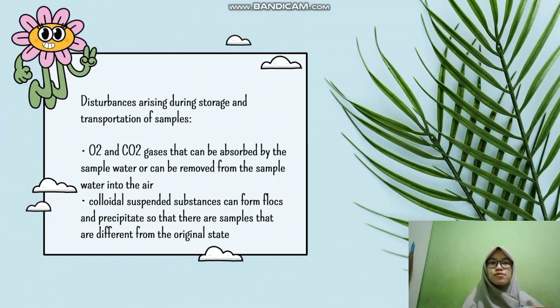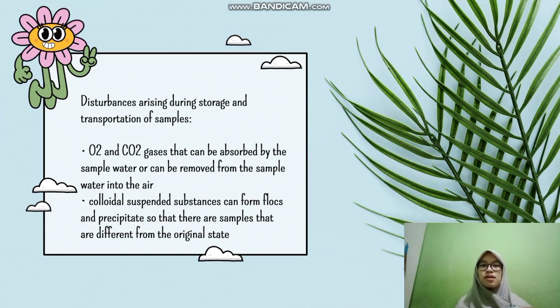Disturbances arising during storage and transportation of samples. 1. Oxygen and carbon oxide gases can be absorbed by the sample water or can be released from the sample water into the air.